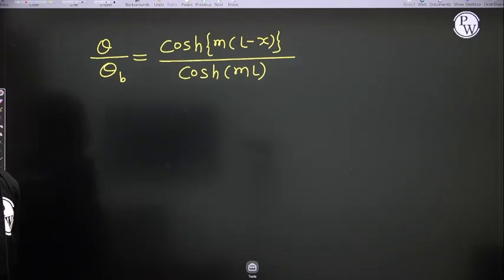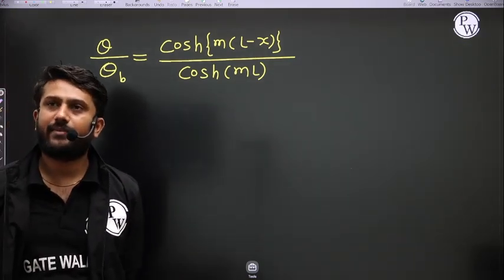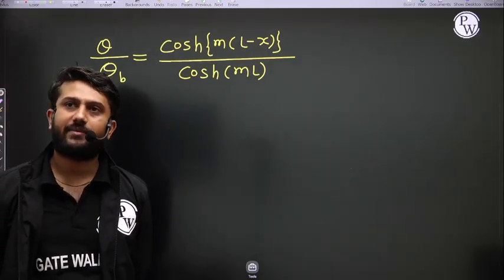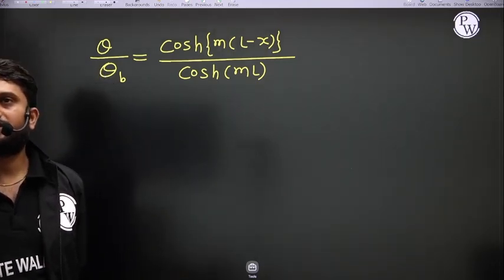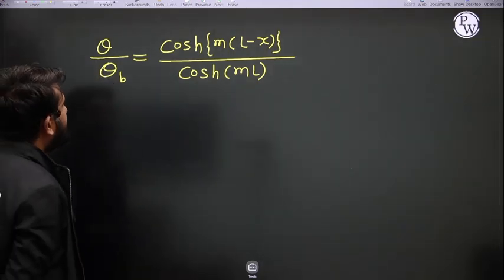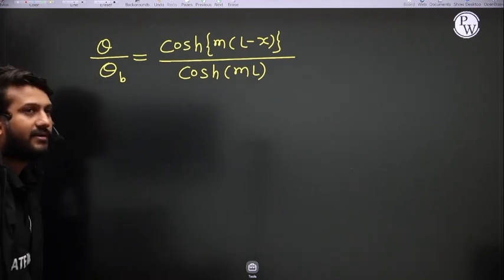Theta by theta b is equal to cosh m(L minus x) upon cosh mL. So this is the temperature variation with x.